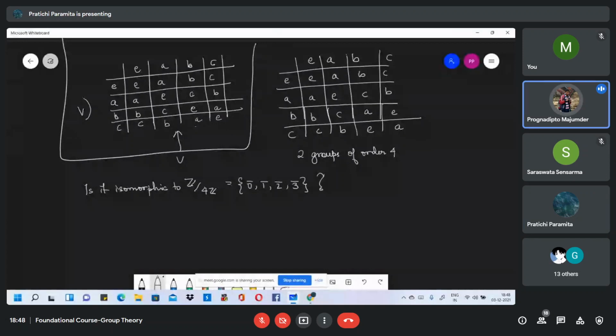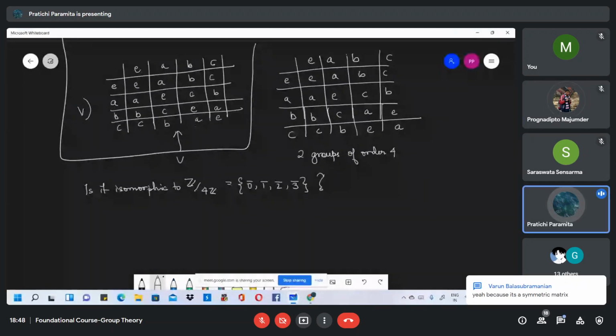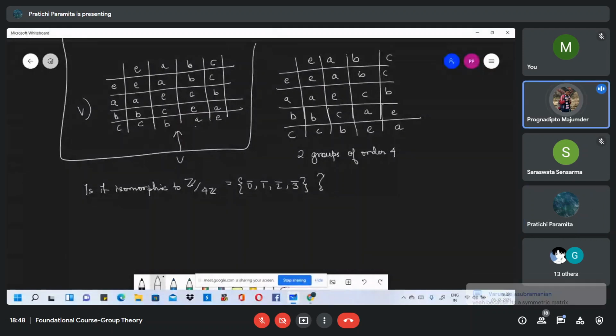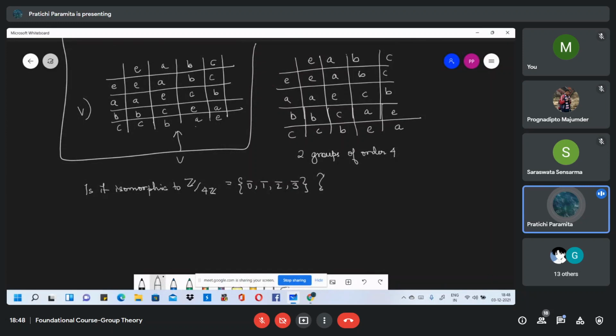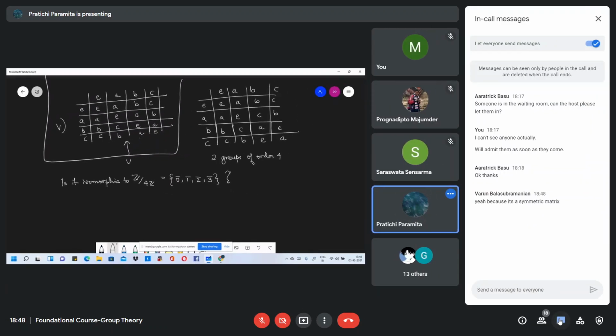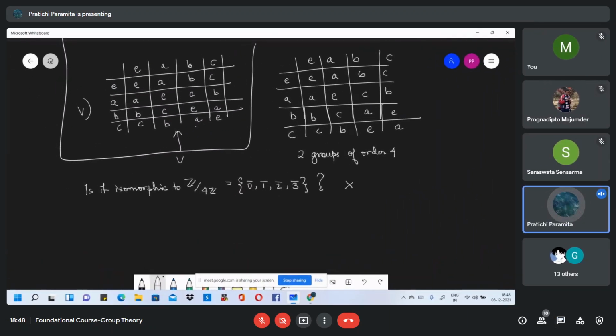Here the basic property of the Klein 4 group is not satisfied. What is the basic property? That the inverse of the element is the element itself. Yes, you're right. It is not isomorphic to Z mod 4Z. And on top of that, Z mod 4Z is a cyclic group. So it is not isomorphic to Z mod 4Z.